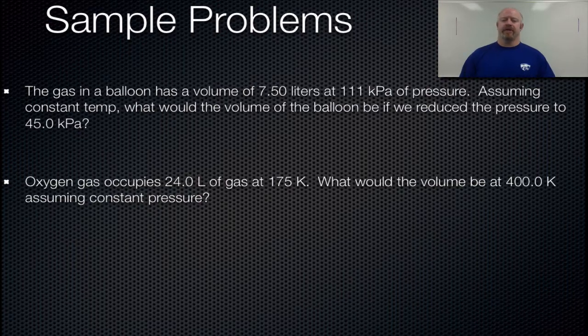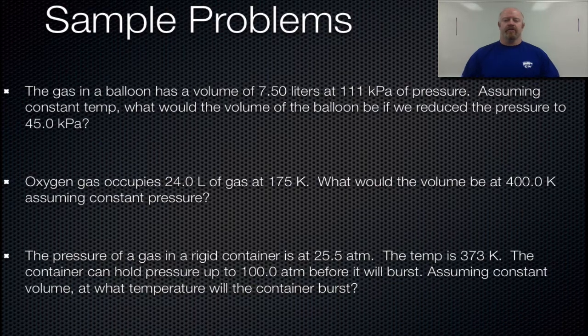What will the volume be, assuming constant pressure? And then our third one, we have a rigid container, which means we have constant volume, and we have a pressure change within that one, and we need to solve for a temperature change. Okay, so we're going to pause the video now and have you guys actually work out all three problems, and then we'll go through the answers with you in a minute.